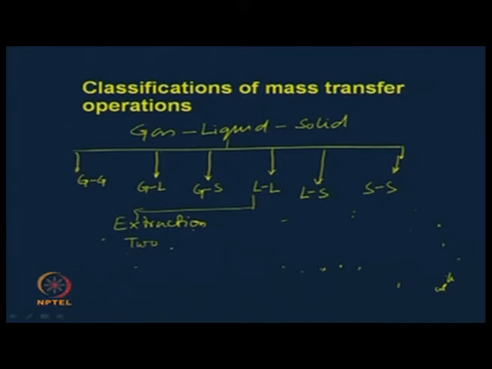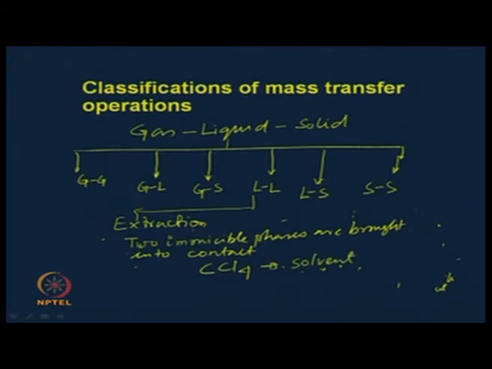For example, if we want to separate acetone from acetone water mixture, two immiscible phases are brought into contact. We can use carbon tetrachloride, CCl4, as the solvent or another phase to extract acetone.